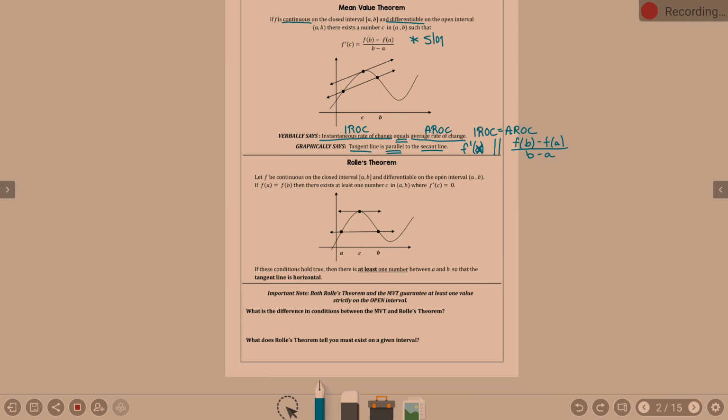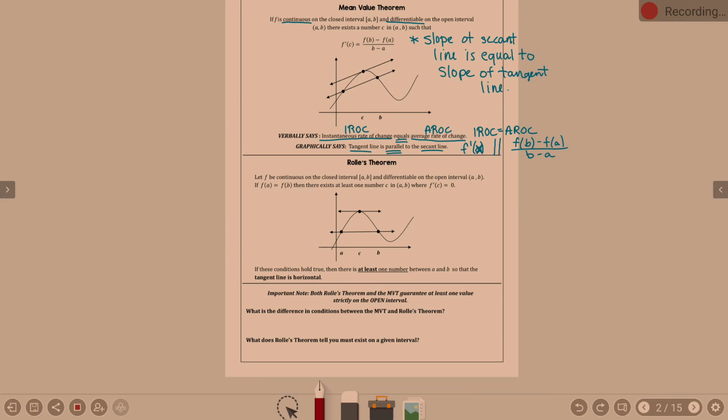Slope of the secant line, excuse me, is equal to the slope of the tangent line. That's your mean value theorem.